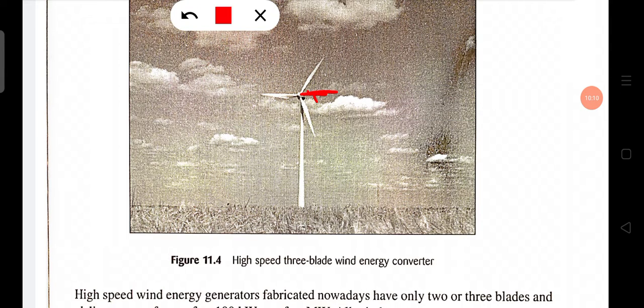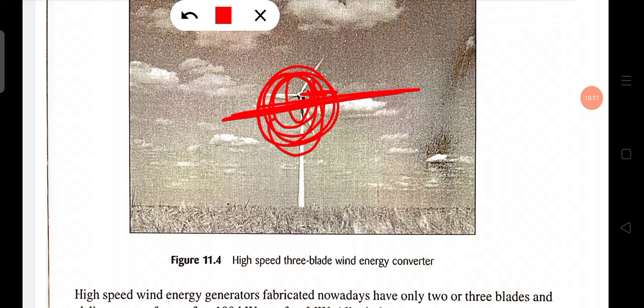Here also the generator is there, and the rotation is horizontal, in a horizontal axis.